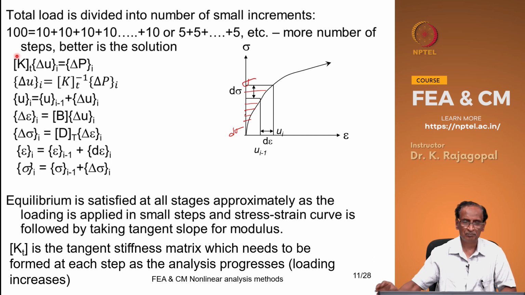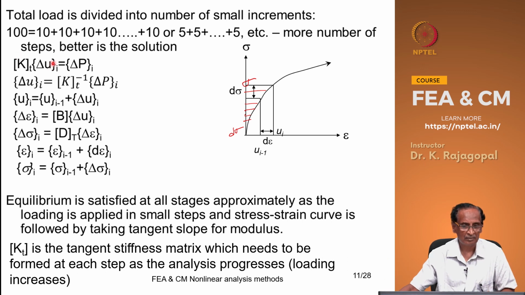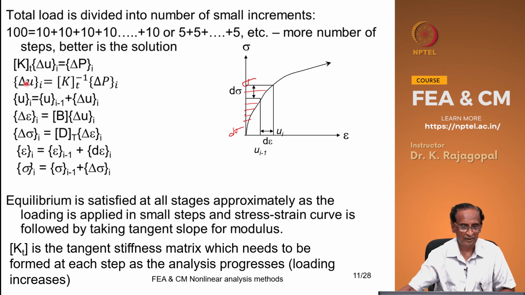So, what we do is we write our equilibrium equations in terms of incremental form. Kt times delta ui is equal to delta pi, and in small steps we apply, and then calculate your displacements delta u as Kt inverse times delta p, and then the total displacements ui is ui minus 1 plus delta ui, where i minus 1 refers to the previous load step and the i corresponding to the current load step.